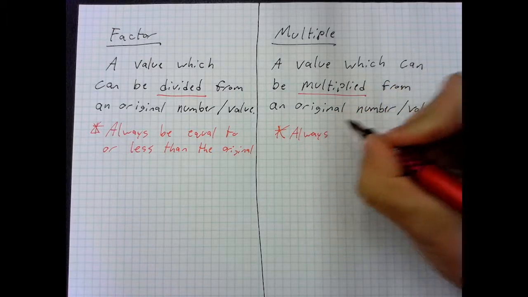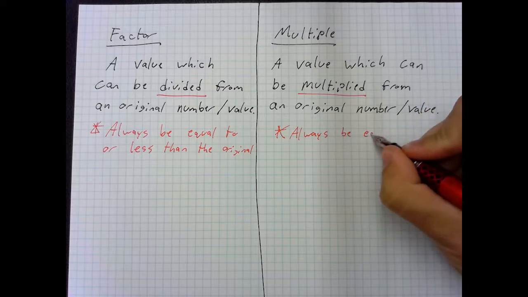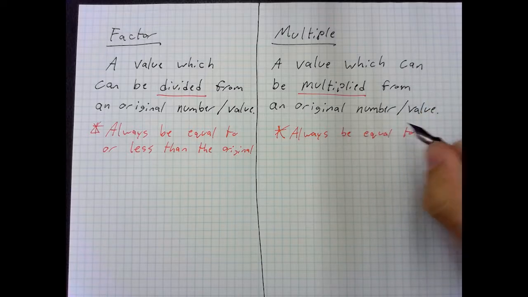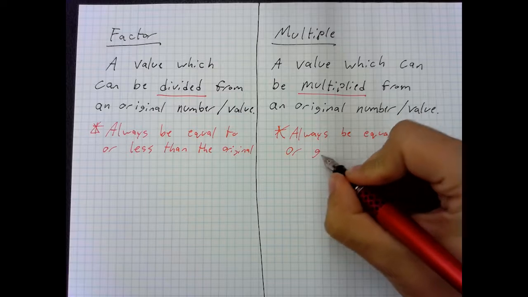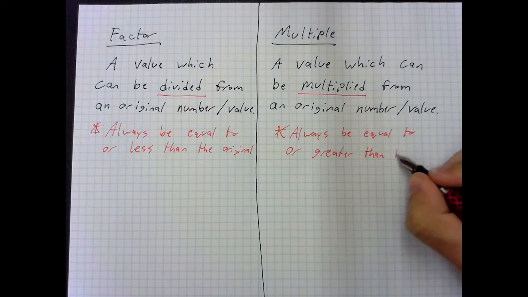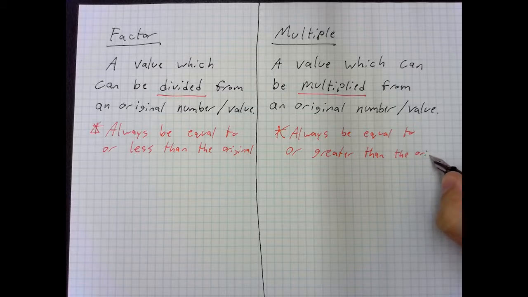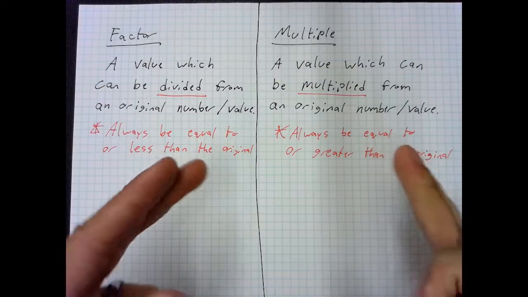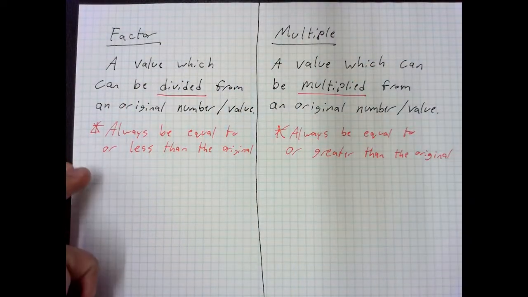This is always going to be equal to or greater than its original. That's the difference between a factor and a multiple.